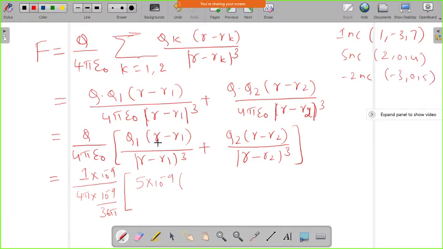So now you can substitute the position vector r due to 1 nanocoulomb, that is (1, minus 3, 7), minus r1, which is (2, 0, 4). This is for q1, and then q2.